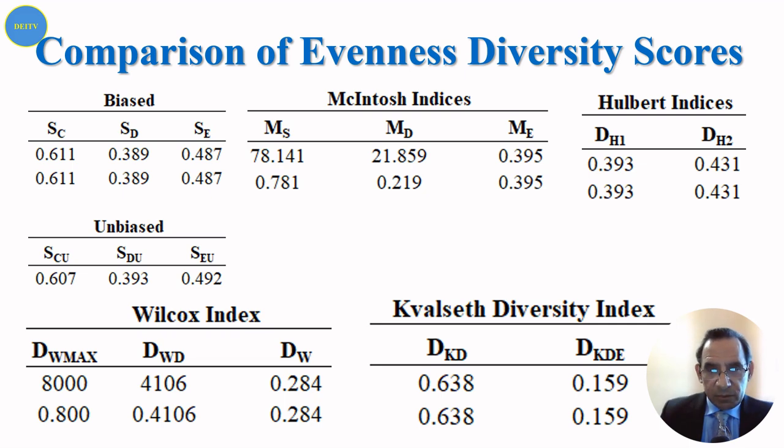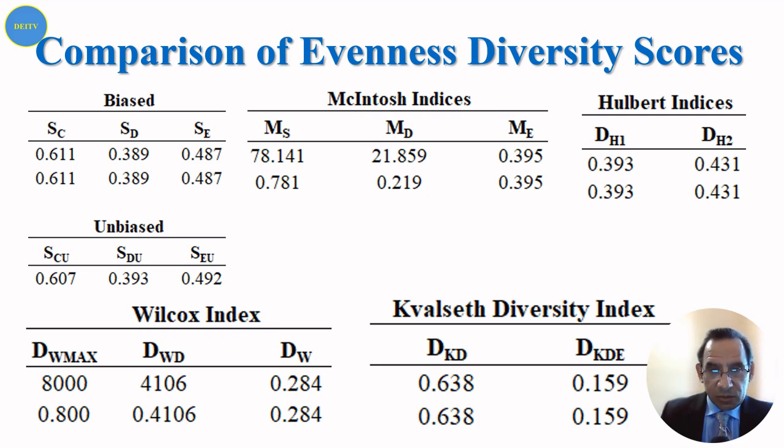Kvalseth evenness score of 0.159 is significantly smaller when compared to the biased and unbiased Simpson scores of 0.487. It is significantly smaller than the McIntosh evenness score of 0.395. Again, it is smaller than those produced by the Holbert index.